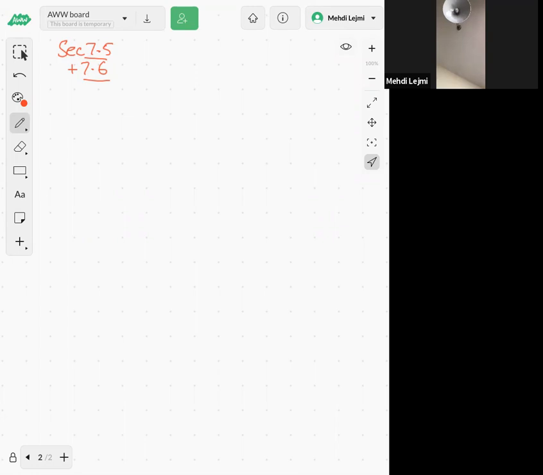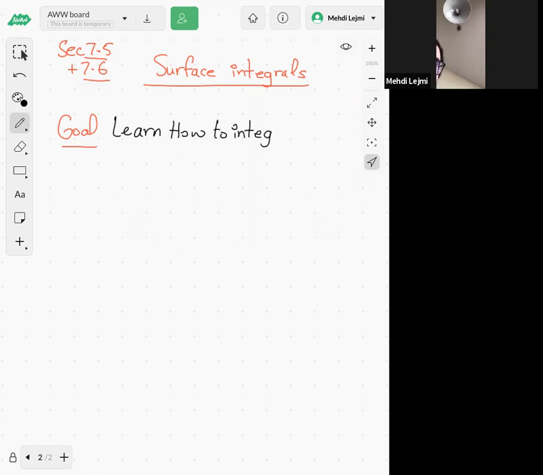So these are surface integrals. The goal in this section is to learn how to integrate functions.